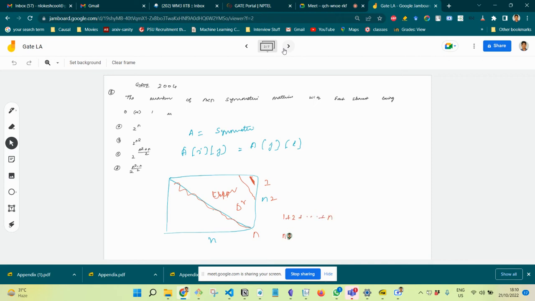It is n into n plus 1 by 2. Because they have given the constraint that each entry in this symmetric matrix is either 0 or 1, the number of possibilities you have is 2 power the number of entries that you can fix. That is 2 power n into n plus 1 by 2. That's why the option is C.